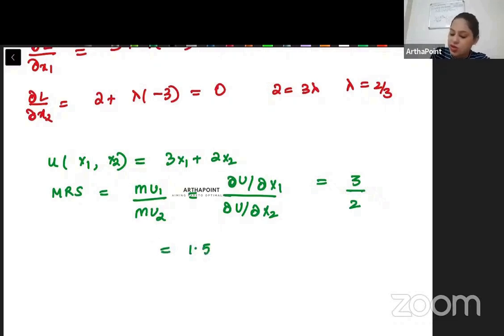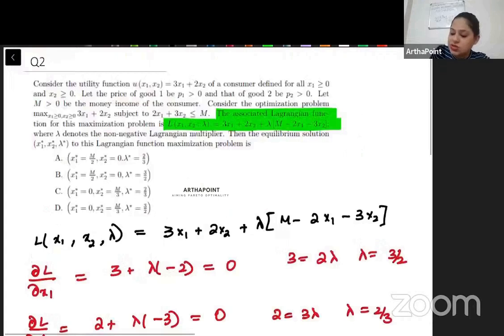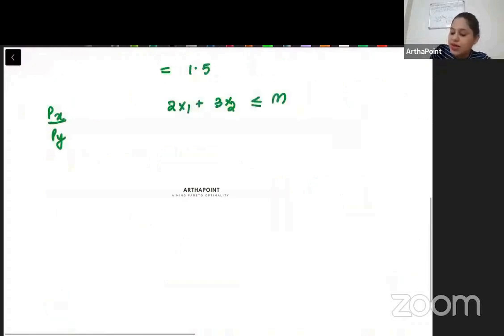Now let's find the ratio of Px by Py. It is given to me that my budget line is 2x1 plus 3x2 less than or equal to income of the consumer. So Px1 will be 2. Px2 will be 3.